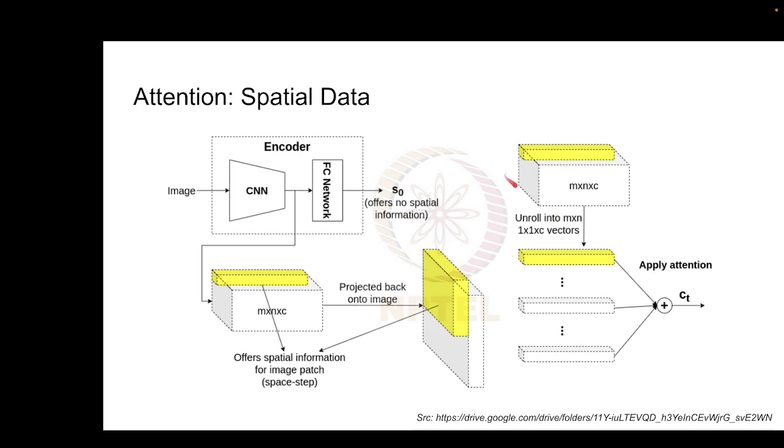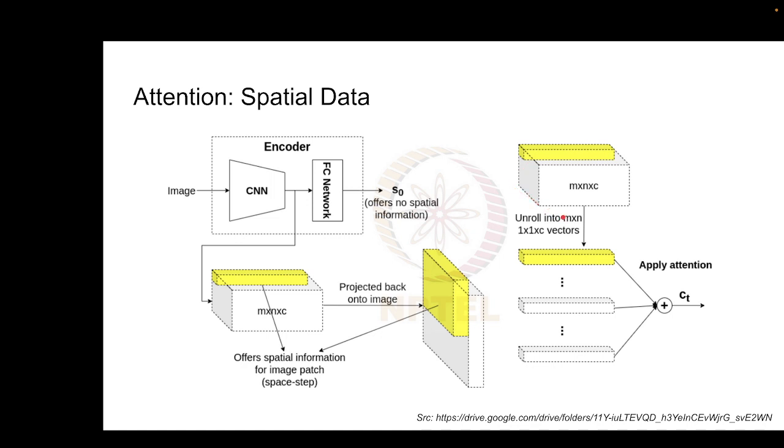This particular yellow one is a vector across the channel. It has a dimension of 1 cross 1 cross C, meaning a 1 cross 1 cross-section of dimension C. So these are C-dimensional vectors. What we have done in reality is divide this m cross n cross C tensor into m cross n C-dimensional vectors.